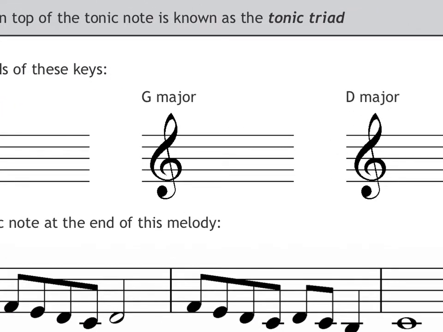Think back to a few lessons ago, or if you need to flip back a few pages, certainly do that. The key signature of G major, we need to have one sharp, and that sharp is on the F line. So the F sharp goes there. There's our key signature. And now we need to write the tonic triad. The tonic triad, remember, is that snowman built on the bottom note of the scale.